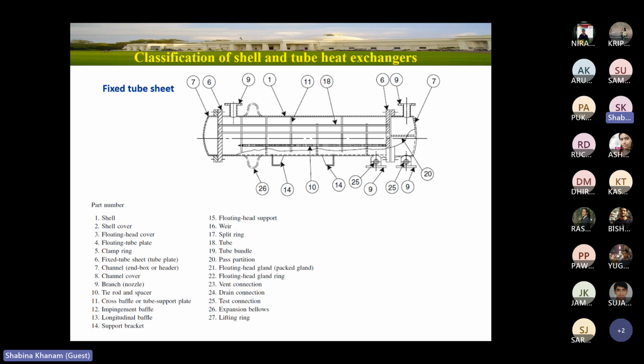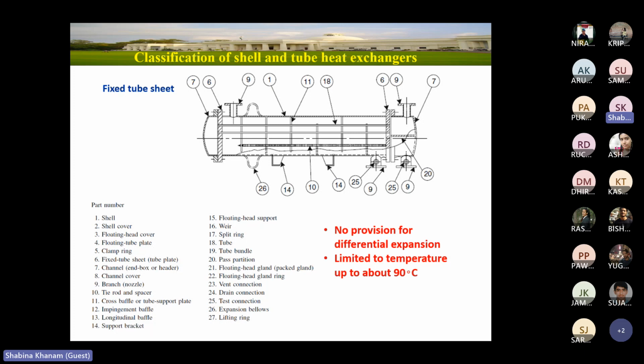So with a fixed tube sheet, there is no provision for differential expansion or contraction. Therefore it is limited up to a temperature of 100 degrees Celsius. Beyond that you cannot use a fixed tube sheet. Usually you are aware of all terminal temperatures of the cold fluid as well as the hot fluid.